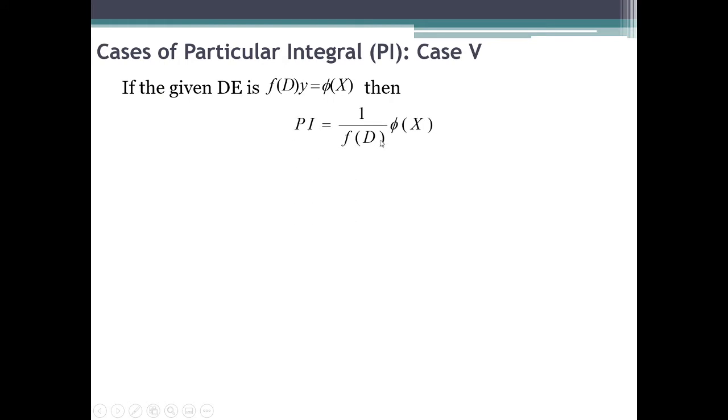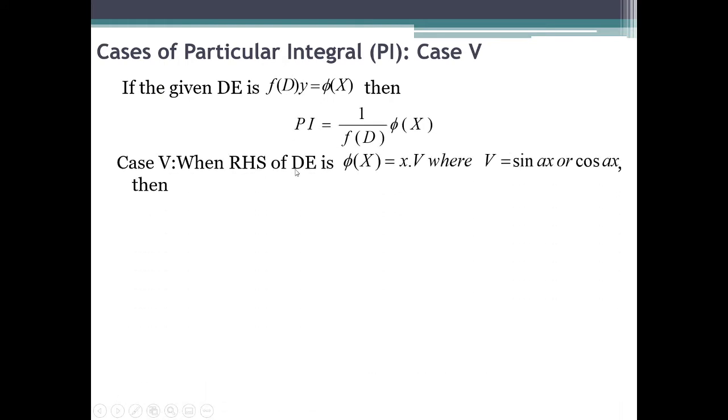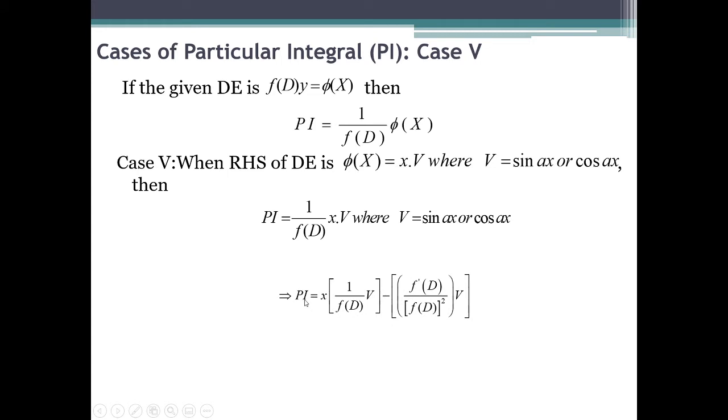PI of the equation is given by this. Whenever the right hand side of the equation is phi of x equal to x into v, where v is sin x or cos x, then we apply this case, and this is the formula for solving the differential equation: PI equals x into 1 upon function of D into v, that means sin x or cos x, minus f dash of D, that means derivative of this term, upon f of D whole square into v.